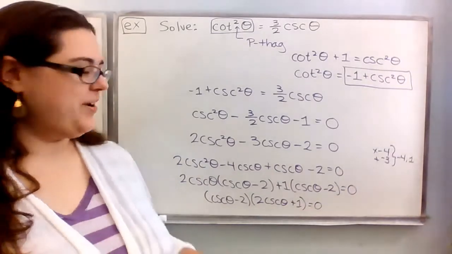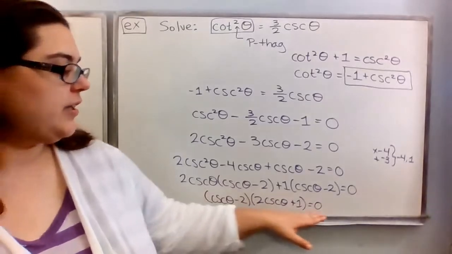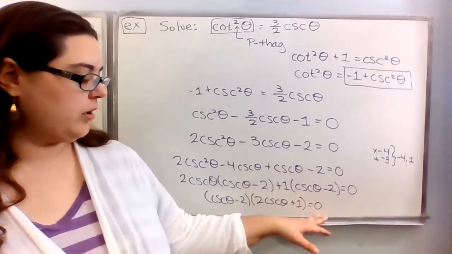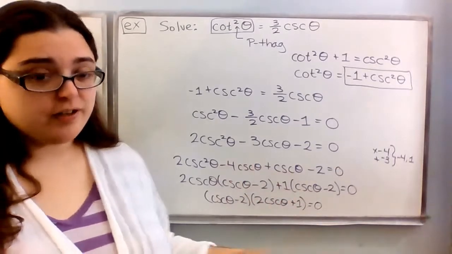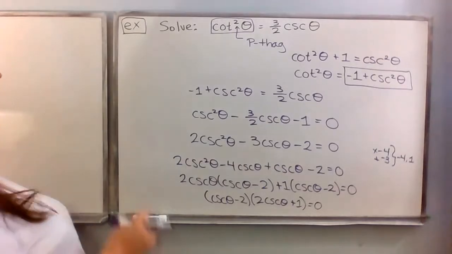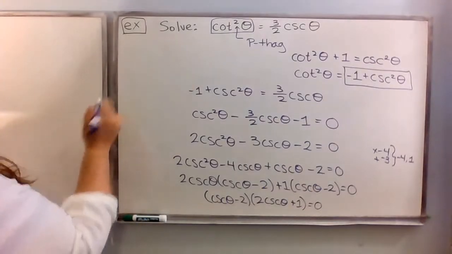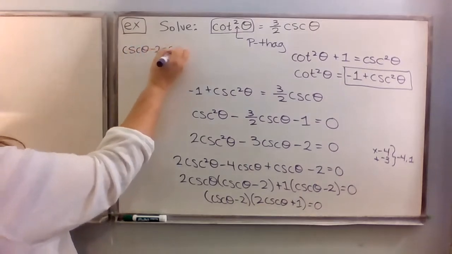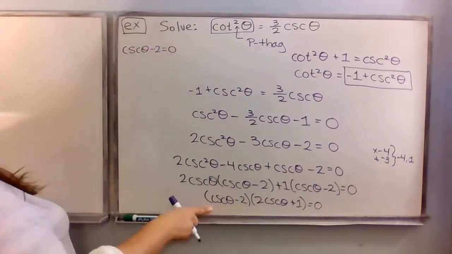All right, so now we have a product equal to 0. So we can apply the 0 property to solve for at least cosecant of theta. So let's see if I can squeeze that in over here. So we have cosecant of theta minus 2 equals 0. So that's from this first one.